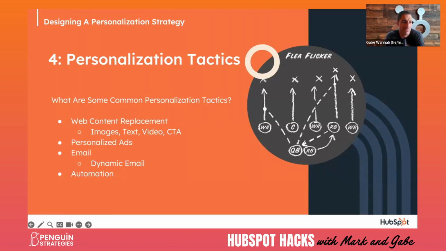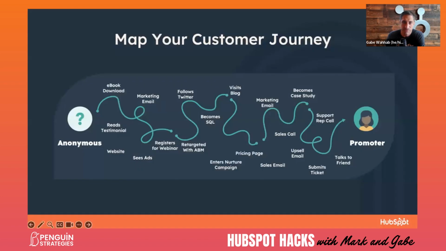And I'm just mentioning these right now. Later on, I'll talk about them more in depth as I have a whole section dedicated to that. But one thing that can help you choose which personalization tactics to use is mapping out your customer journey and looking at the path users are taking through your website and all the touch points they encounter.